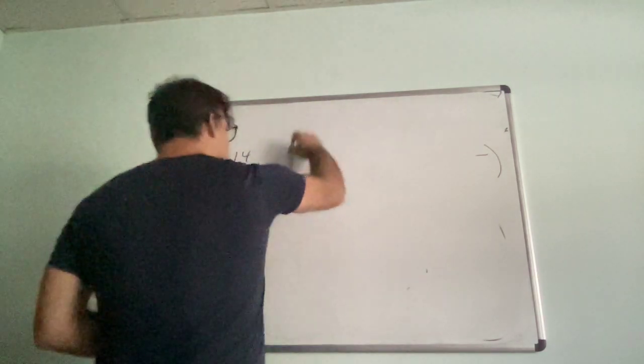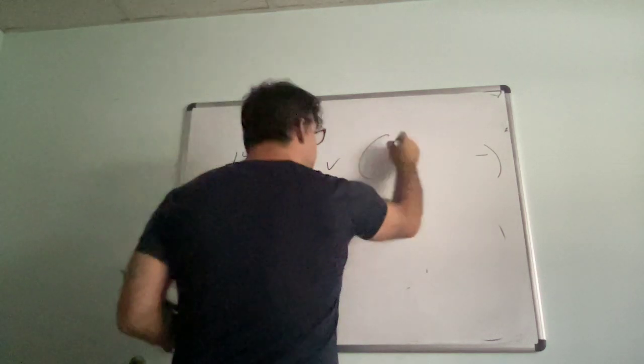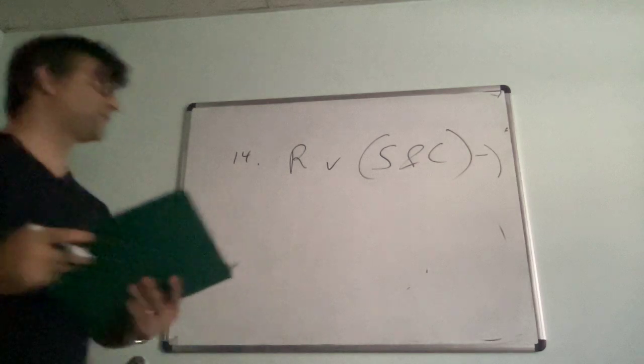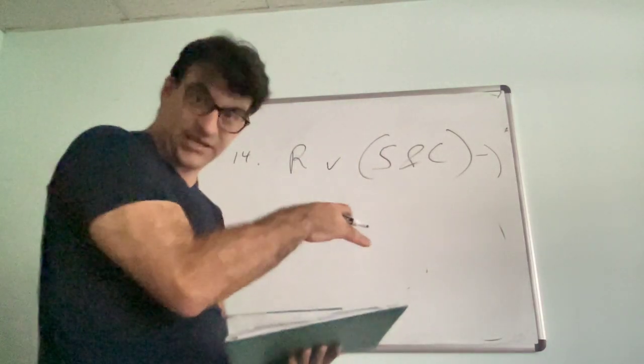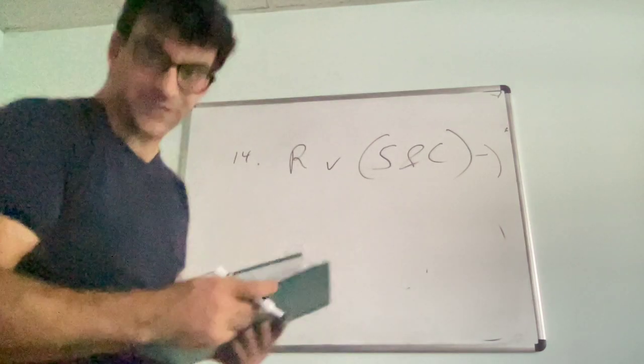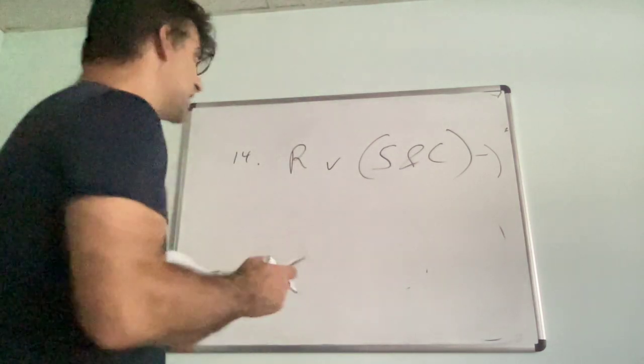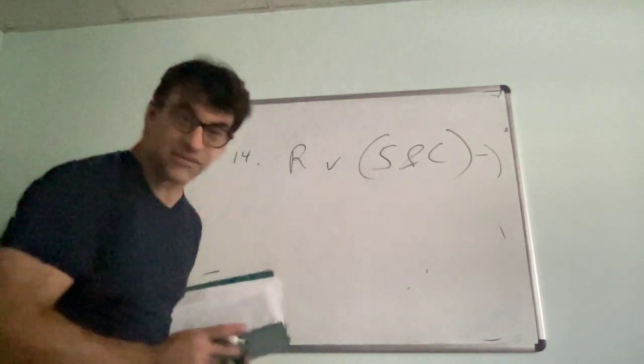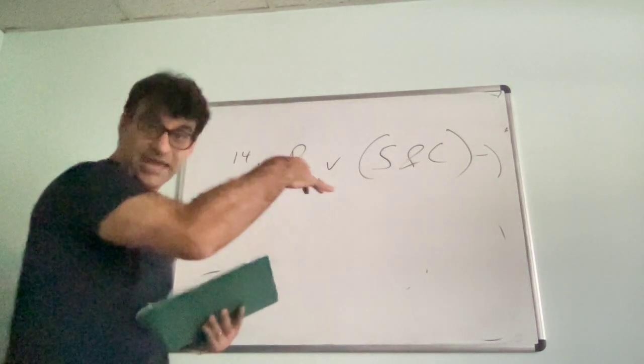So your structure is raining or what? Sunny and cold. So you have to see that it's not saying either it's raining or sunny, and it's cold. That would be something else. So you identify the connectors and you see what is linked to what.